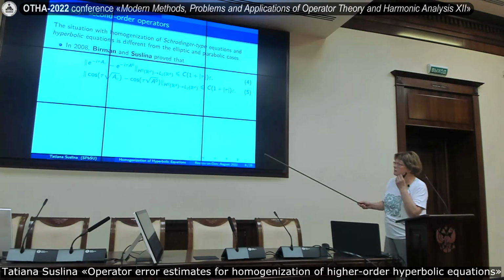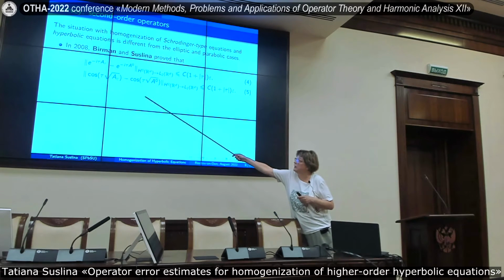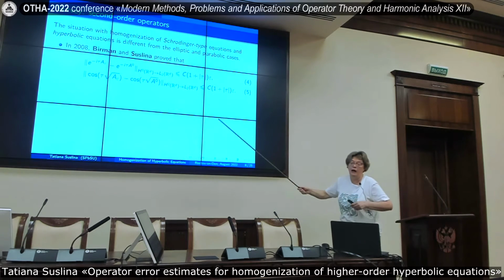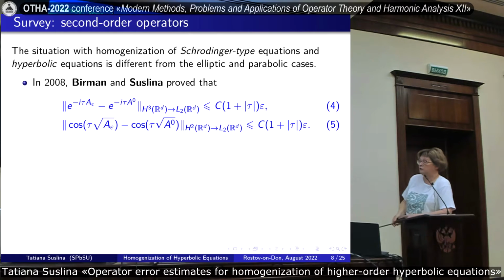We studied this exponential and this cosine. And it turned out that it is impossible to prove error estimates in the L2 operator norm. We have to change the type of the norm.